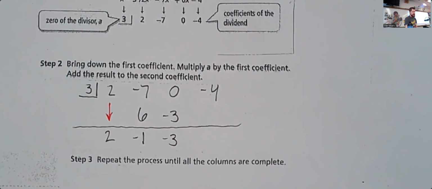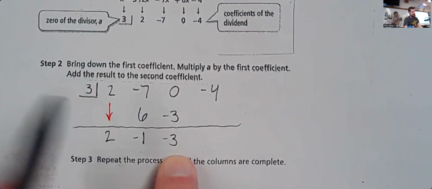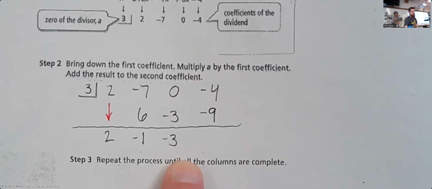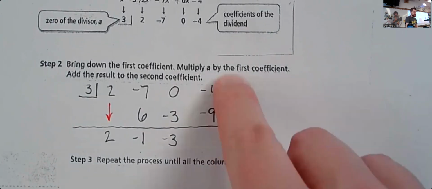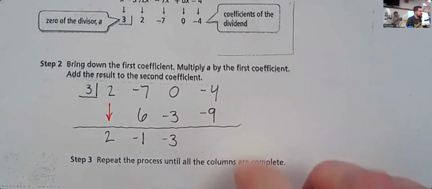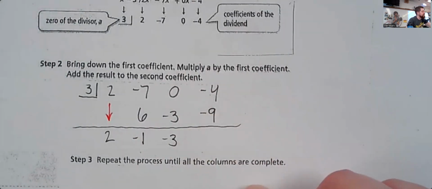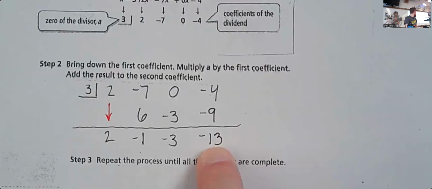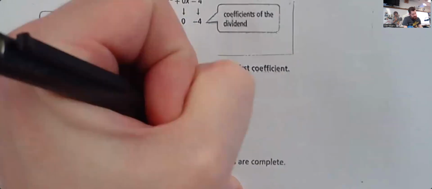Repeat the process. -3 times 3. -9. Add those two together. -4 plus -9. -13. So what we end up with here, -13, this right here is your remainder.